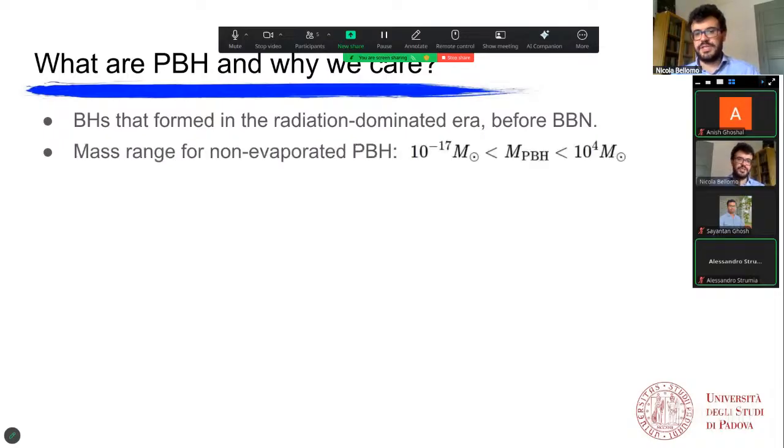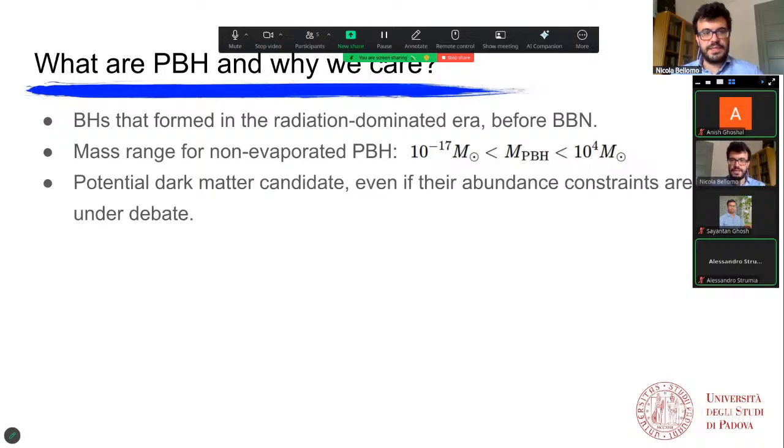For PBHs that have not evaporated yet, we have just a limited range of mass that is allowed, more or less between 10 to the minus 17 and 10 to the 4. Larger black holes would have formed during or after BBN, so they incur other kinds of problems.